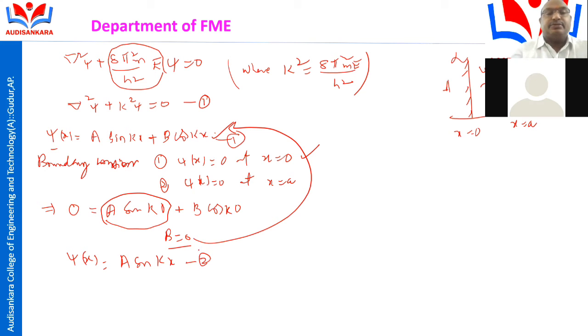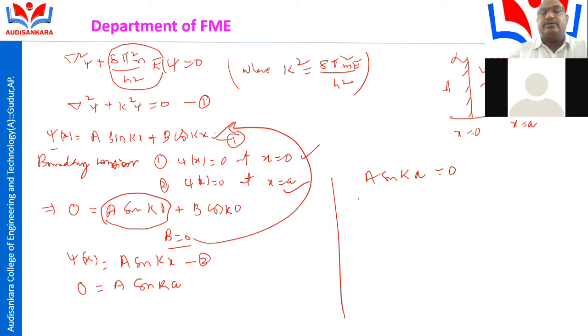In equation 2, apply the second boundary condition: psi of x is equal to 0 at x is equal to a, then 0 is equal to a sin ka. My dear students, a sin ka is equal to 0, either a is equal to 0 or sin ka is equal to 0, so ka is equal to sin inverse of 0.